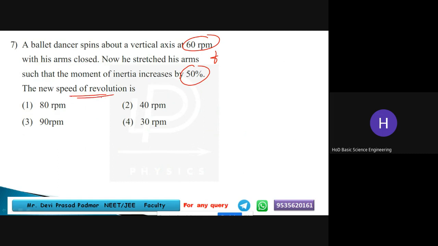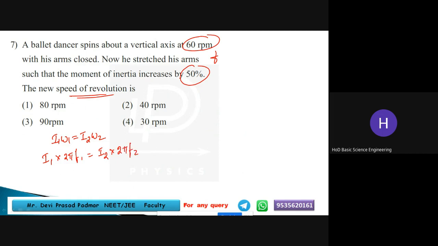So this is the conservation of angular momentum concept. Initial angular momentum must be equal to final angular momentum, that is I1 omega 1 equal to I2 omega 2. Here frequency is given, therefore you can write 2 pi f1 into I1 equal to I2 into 2 pi f2.